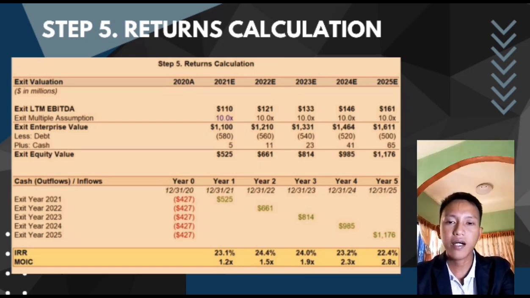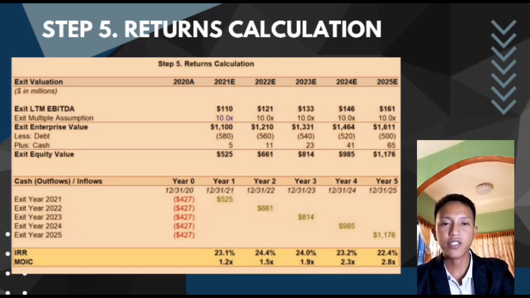We will get the exit equity value. 1,100 minus 580 plus 5 is equal to $525. In the year 2022, 1,210 minus 560 plus 11 is equal to $661. In the year 2023, 1,331 minus 540 plus 23 is equal to 814.